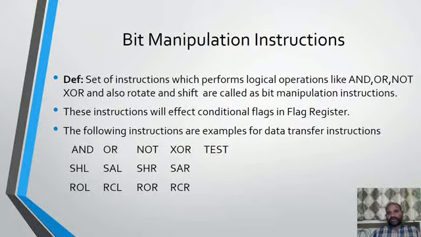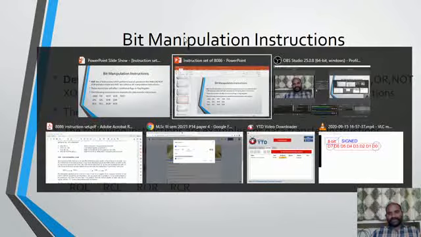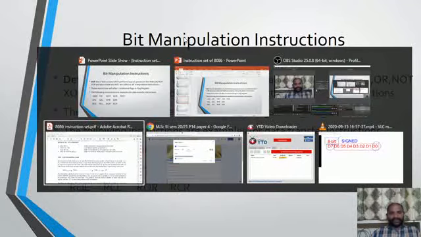Syntax is same: destination comma count. So this instruction shifts the content of the destination to the right side. Previously it was the left side. Now it is going to shift the content to the right side by count number of times. Now if you want the more diagrammatical explanation, I have the diagram in the PDF, don't worry.